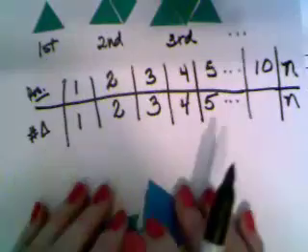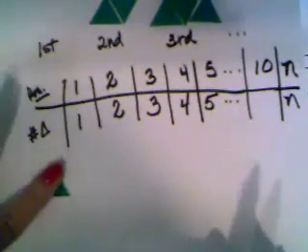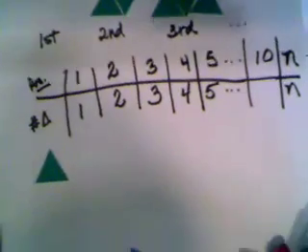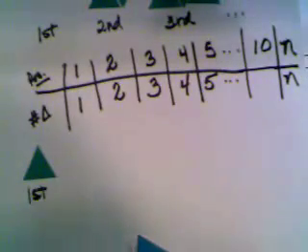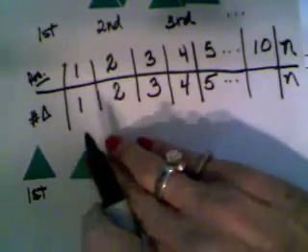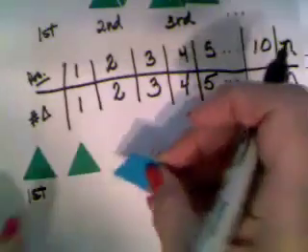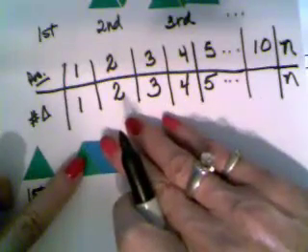All right. Let's look at a second pattern. We will let our first position be a triangle. And we will let our second position be a triangle and a parallelogram.